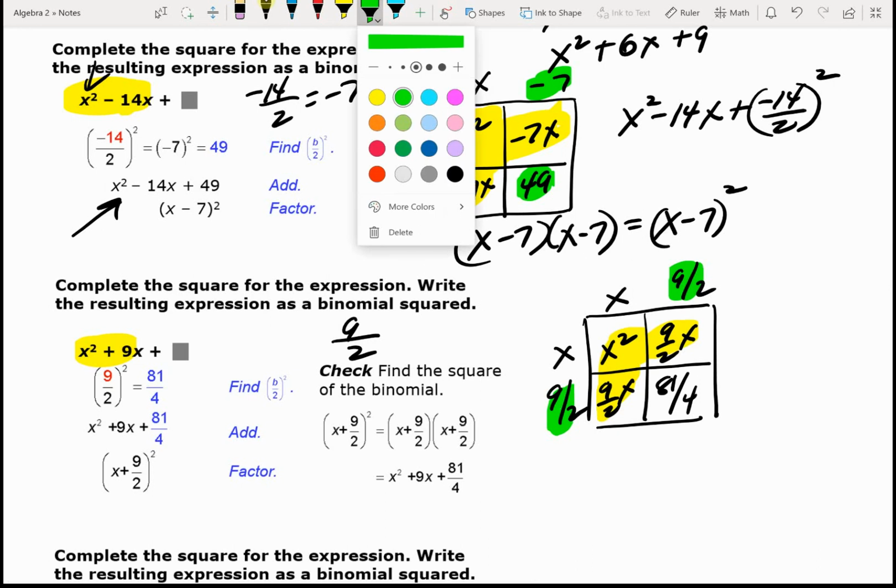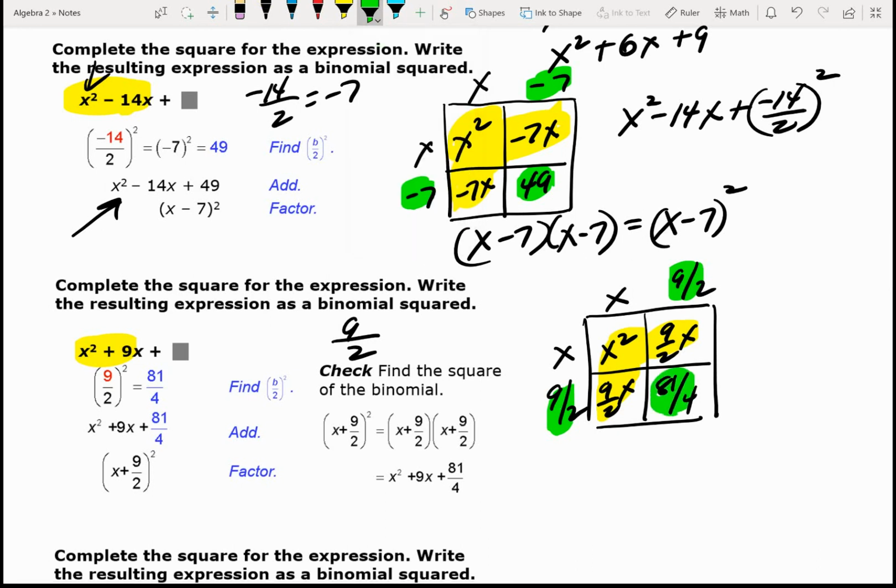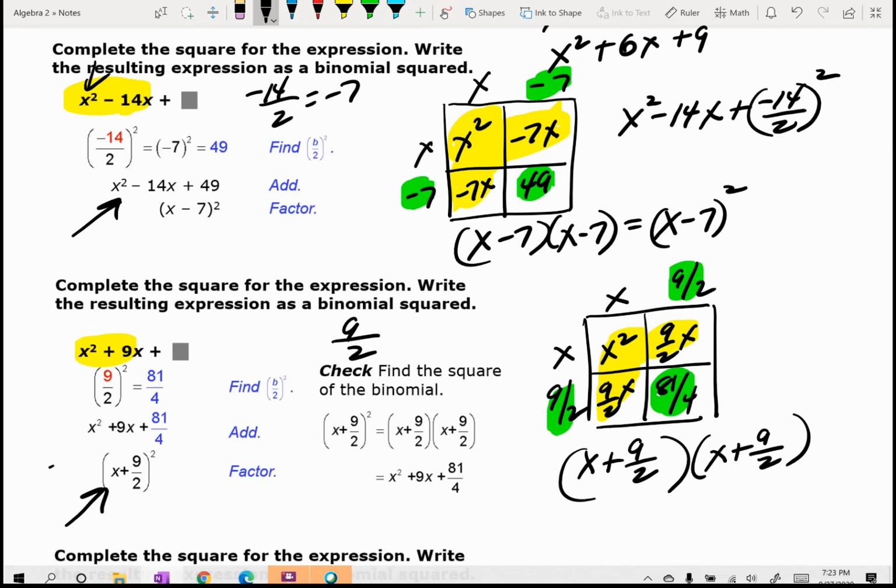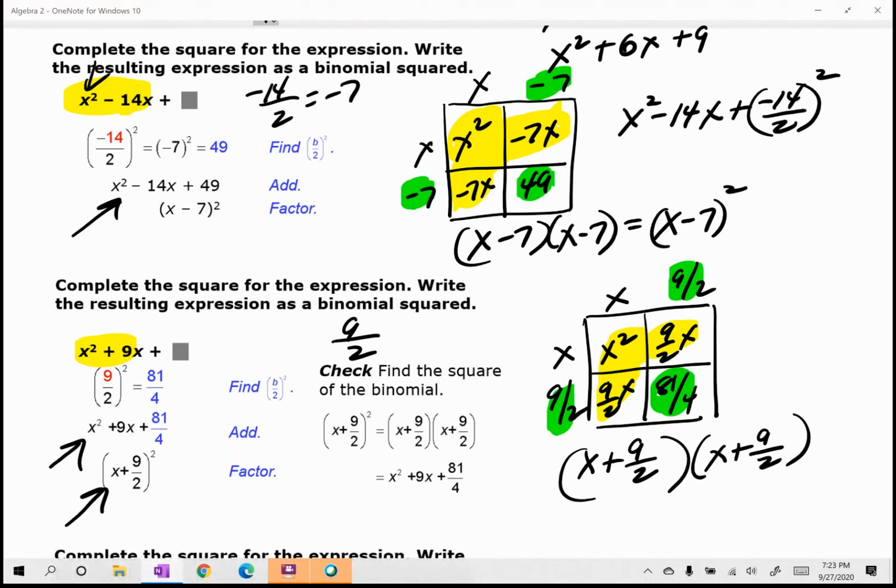Now I have a perfect square whose sides are x plus 9 halves times x plus 9 halves, or that's just equal to x plus 9 halves squared. So x squared plus 9x plus 81 over 4 is what we get when we complete the square.